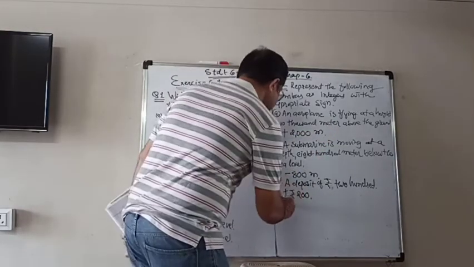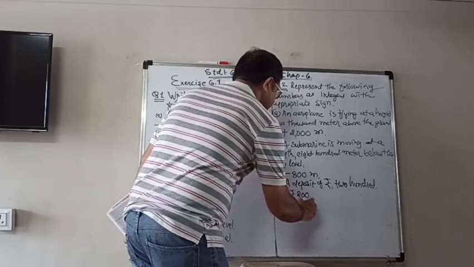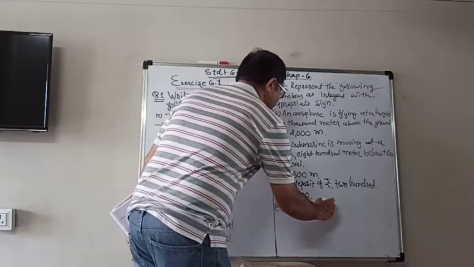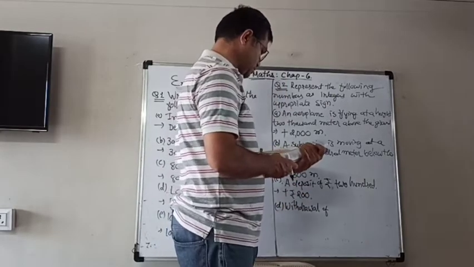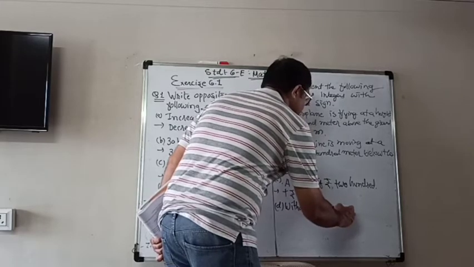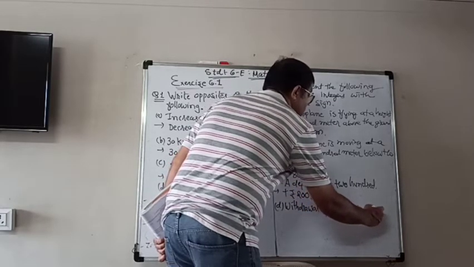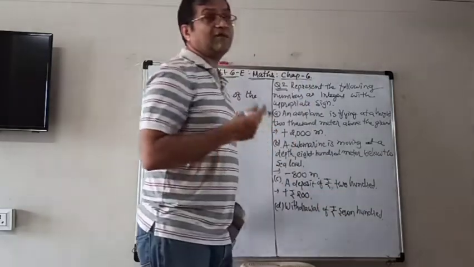And the last one, D. Withdrawal of rupees 700. So here what do we have to do?